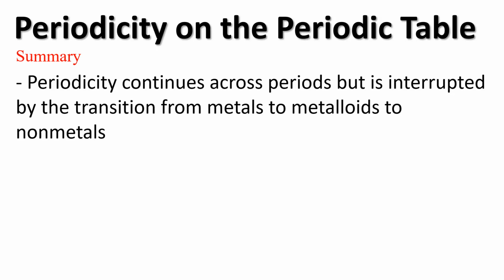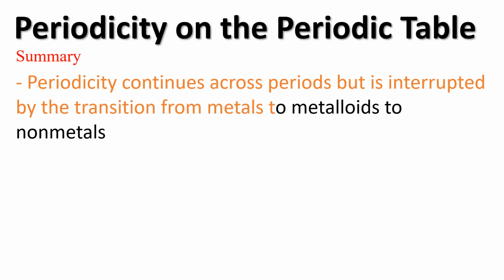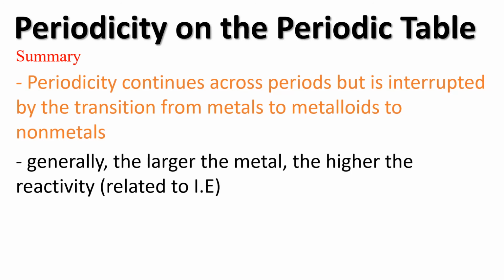So a final summary here on what we've discovered. Periodicity continues across periods, but is interrupted by the transition from metals to metalloids to nonmetals. And that's the exact reason we didn't talk about groups 3, 4, 5, and 6. There are elements in there that are similar to each other, but generally we wanted to look at the larger set of atoms that were similar to each other.